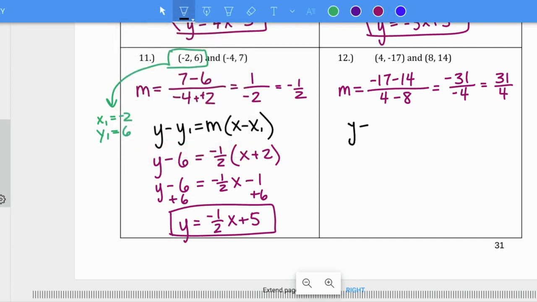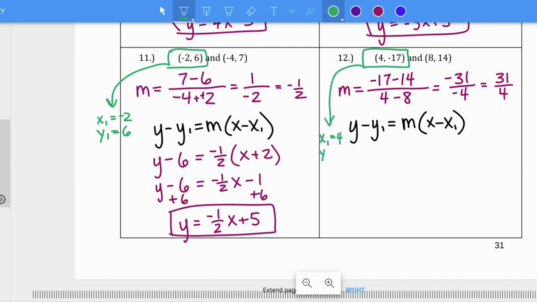Y minus Y1 equals M times X minus X1. All right, let's pick. Yeah, let's go with this guy. Let's go with this one. All right, so we're going to substitute in an X1 of 4 and a Y1 of -17.